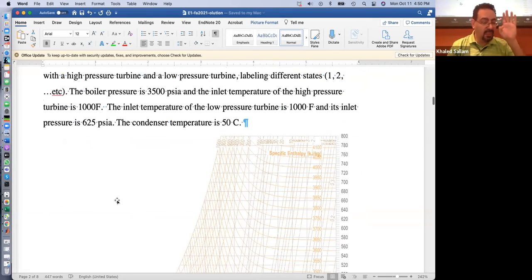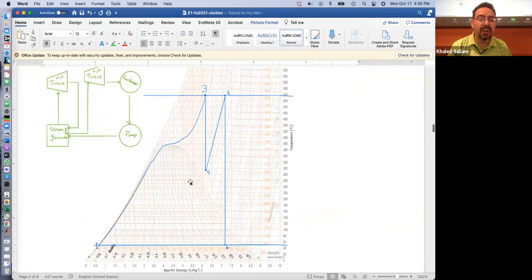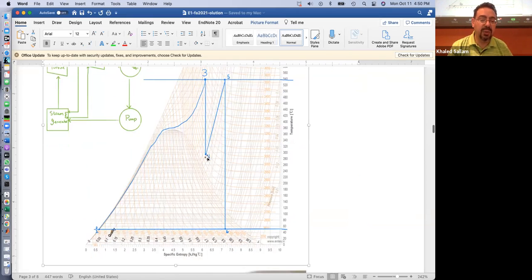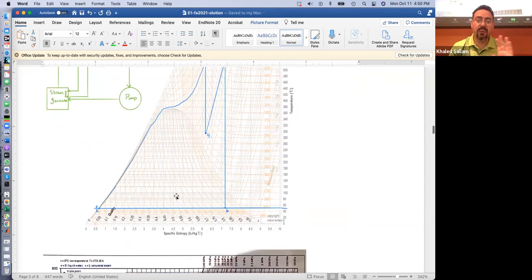But in this problem, we were given exactly its pressure, and we know that it's isentropically expanded, so all the way down until you hit that pressure. Sorry about the confusion.